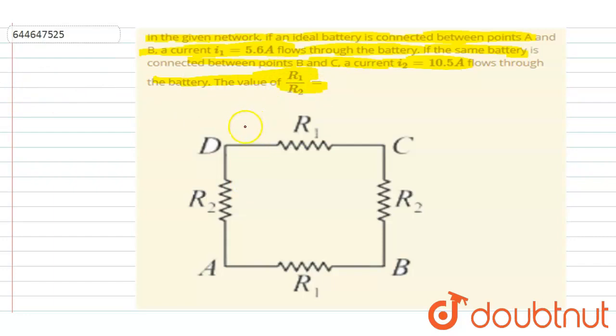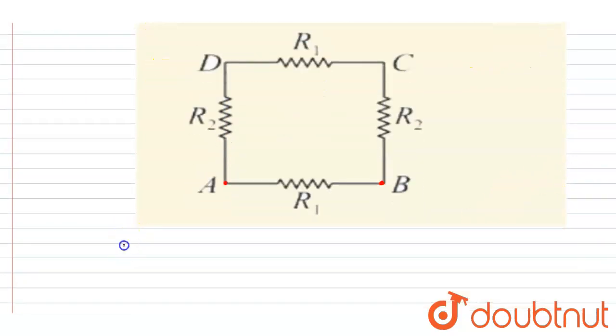So if you see, when it is connected between A and B, then you can get the R equivalent for the first case. I will write R equivalent 1. It will be, if you see, the other three are connected in series, and their resistance is R1 plus 2 R2.